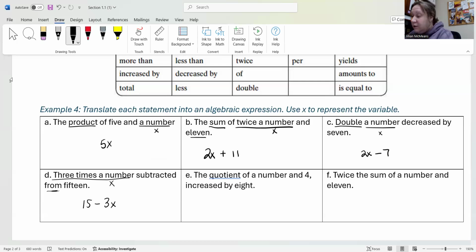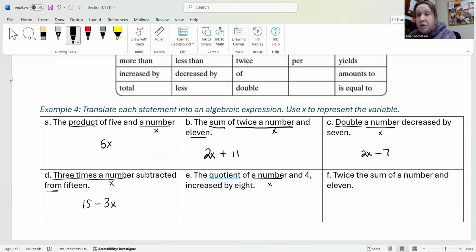Okay? Now for part E, we're dealing with a quotient. Quotient is the answer to division, so we're going to be dividing something. And when you start dividing in algebra, you almost always represent it as a fraction. Okay? So you're not going to use the little division symbol where you have a dot, a line, and a dot. You're going to use fraction notation here. So we want the quotient of a number, we're going to call that x, and 4.